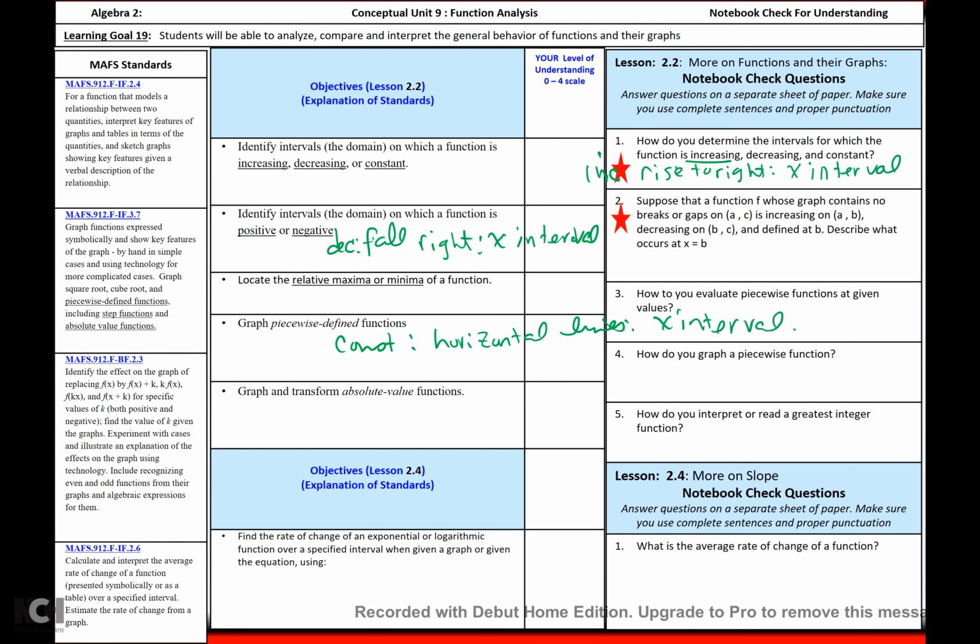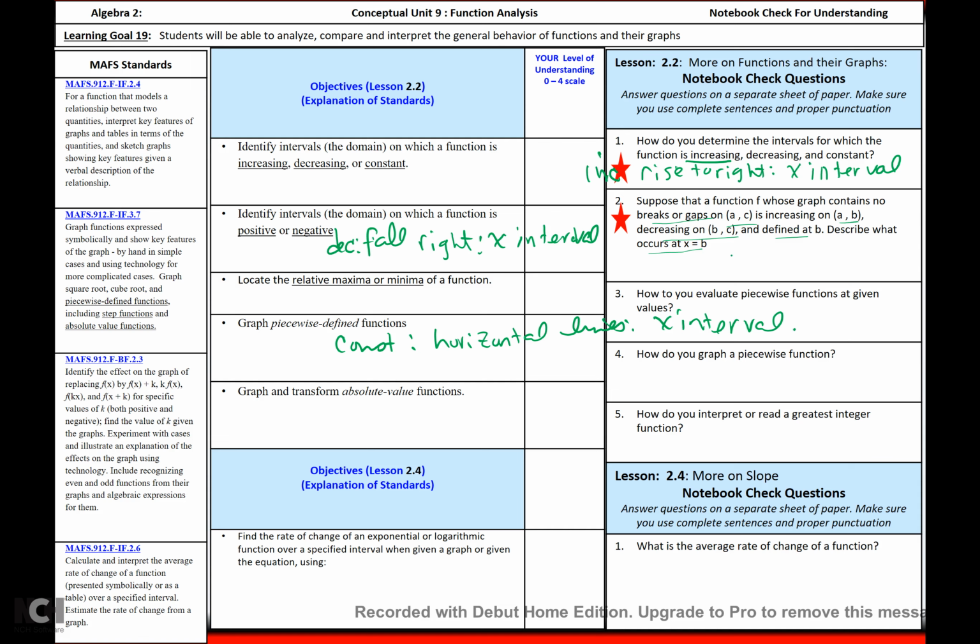Okay? And then 2 says, suppose that a function f whose graph contains no breaks or gaps on a to c is increasing on a to b, decreasing on b to c, and defined at b. Describe what occurs at x equals b. It's defined at b.